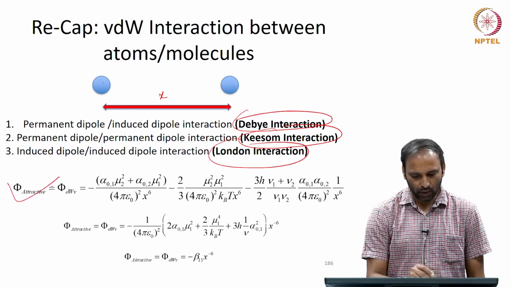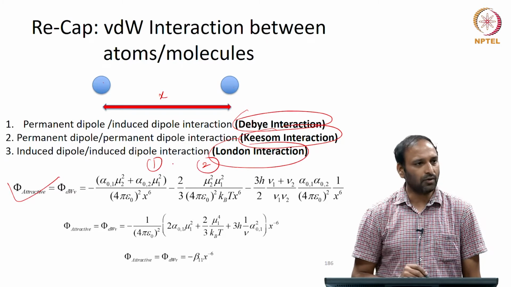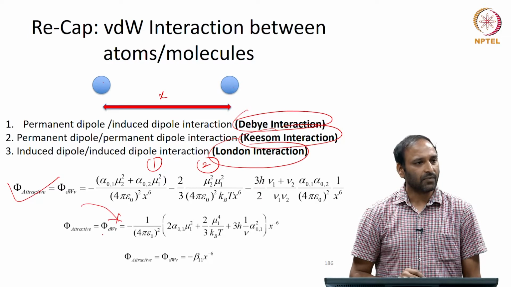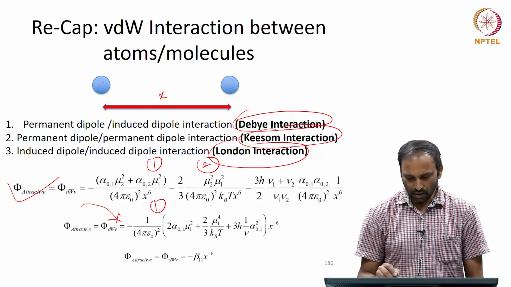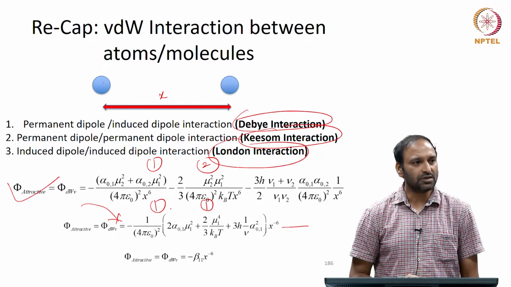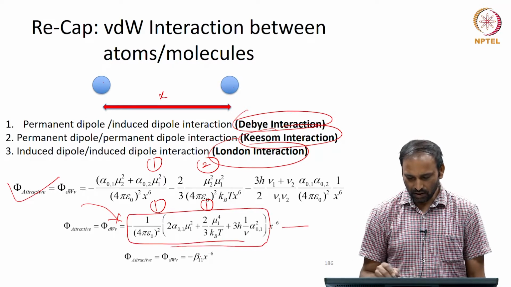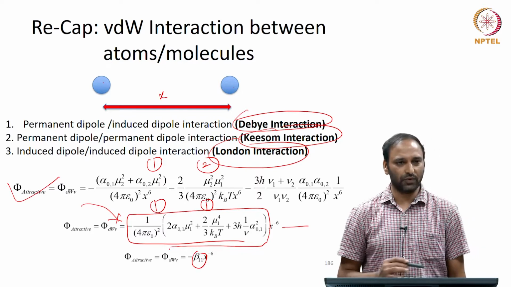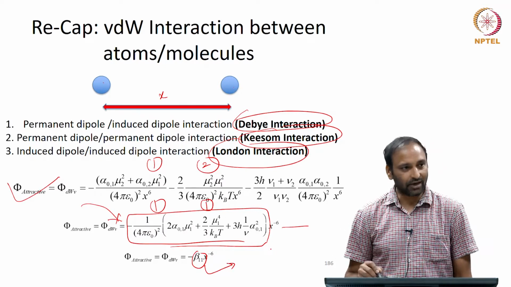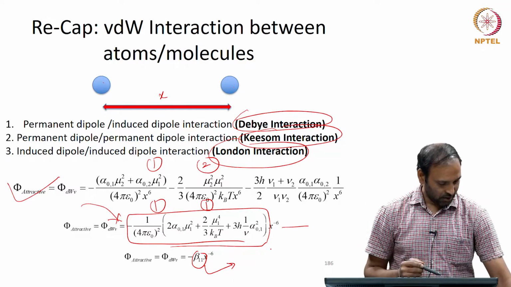This is what we wrote for two dissimilar atoms or molecules 1 and 2, and it simplifies to this equation for two similar atoms, where all the constants together give your beta. I also mentioned that this is analogous to the attractive term in the Lennard-Jones potential.